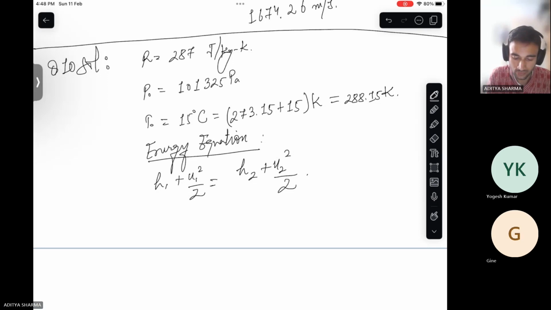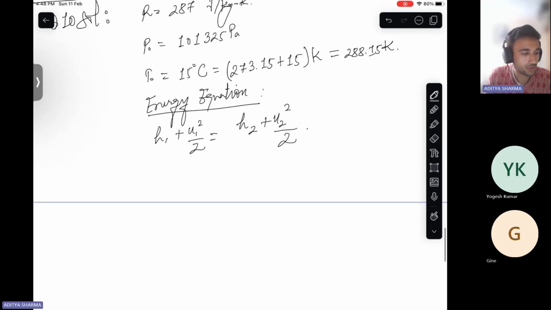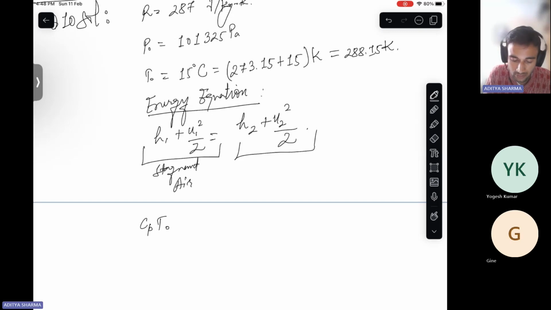So if the enthalpy H is written as Cp T naught, let us say this is for stagnant air, and this is for maximum velocity. Like two scenarios we have.